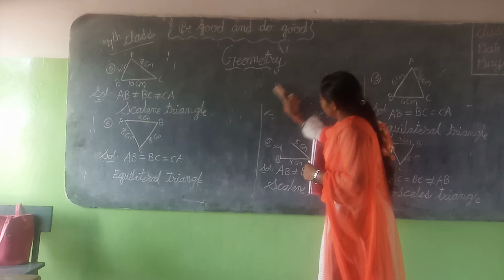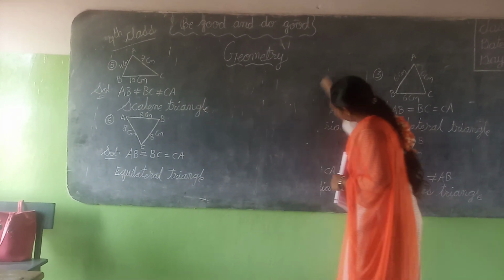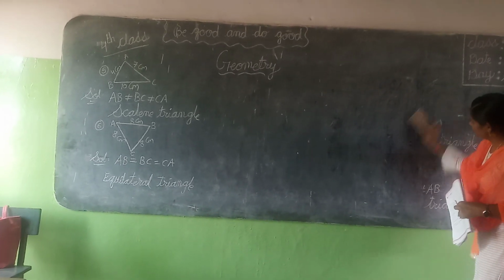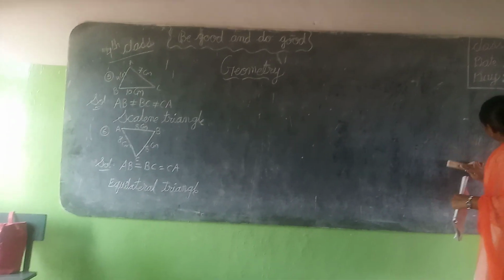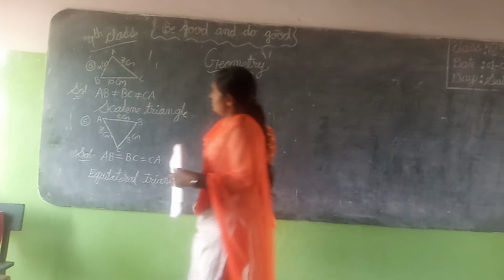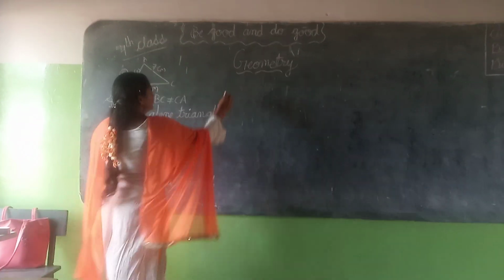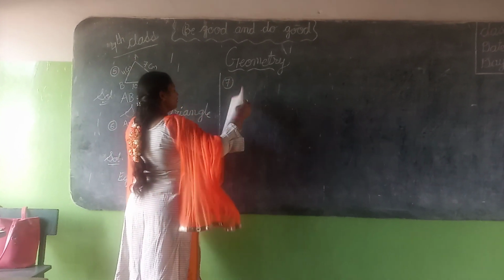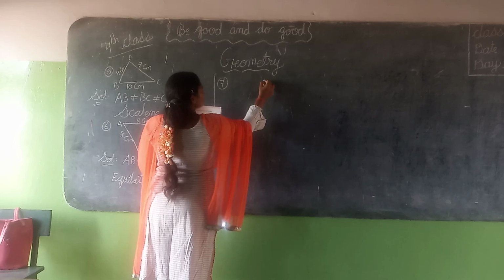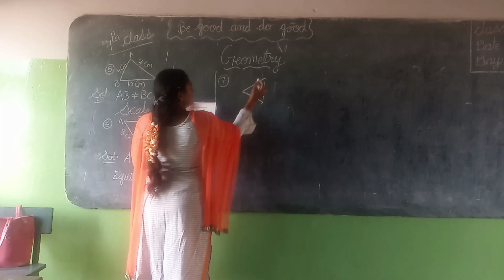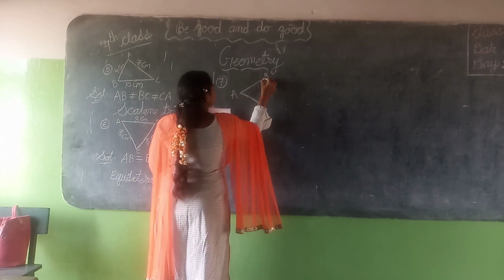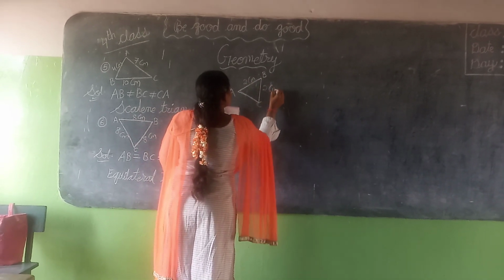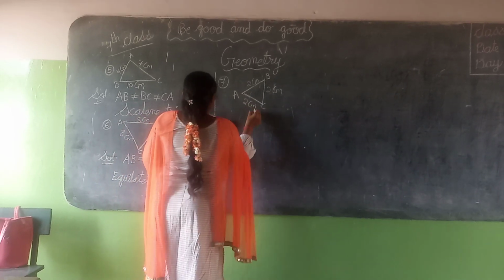Next one. My next question, draw the diagram, the seventh question. In this triangle A, B and C, this side is 2 centimeters, this side is also 2 centimeters, this side is also 2 centimeters.